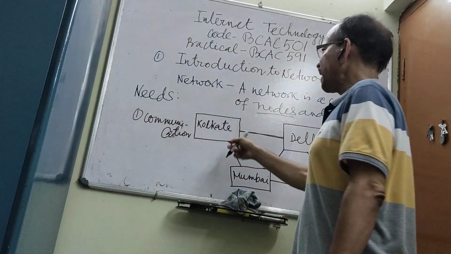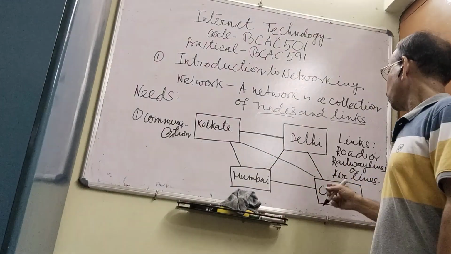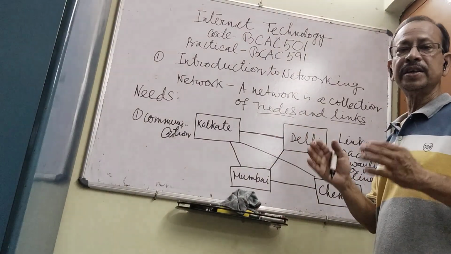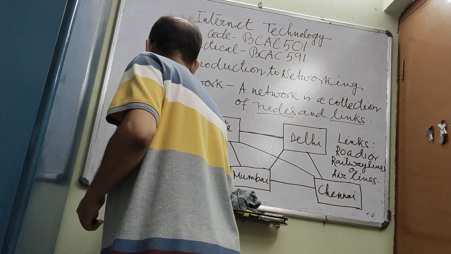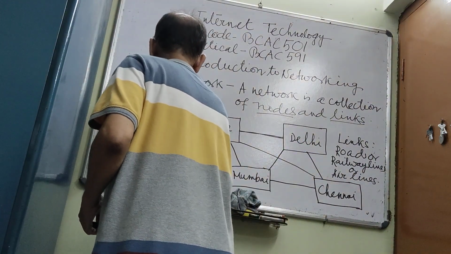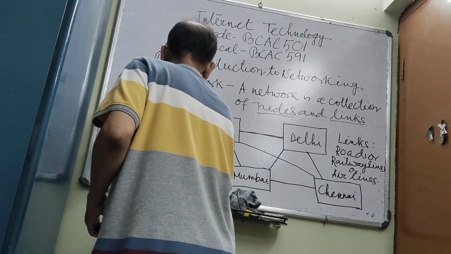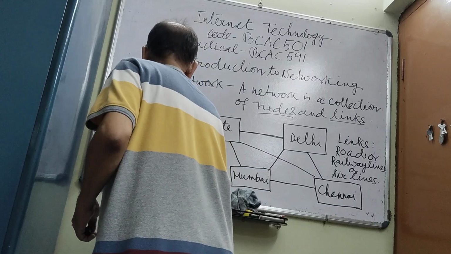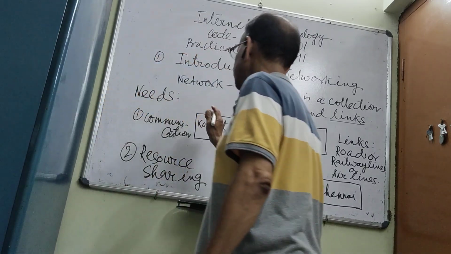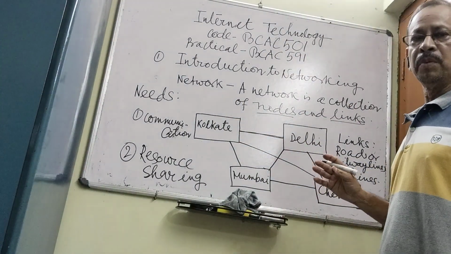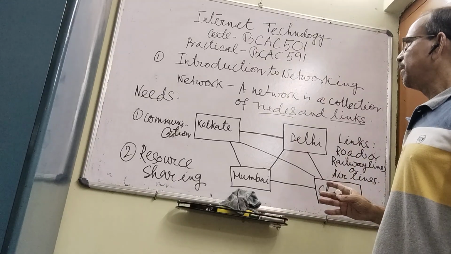That is, we can communicate from Kolkata to Delhi or Chennai if there is some network. Number two, resource sharing. These are the main two needs: communication and resource sharing.